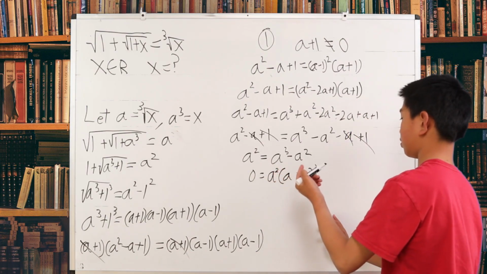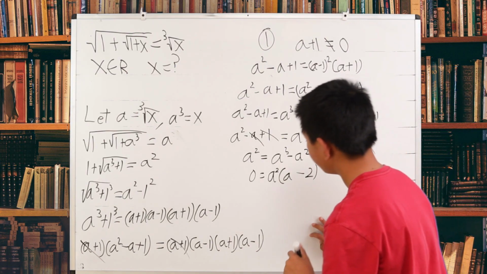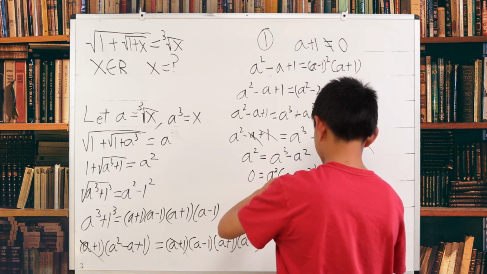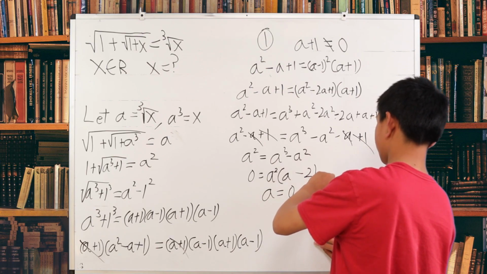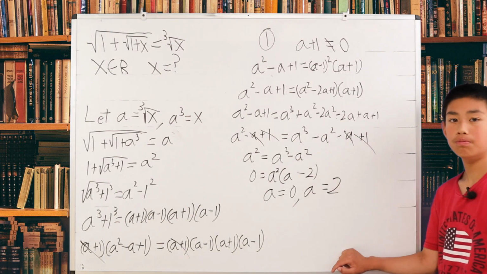Now we have two possibilities, a is equal to 0 and a is equal to 2, when a plus 1 is not equal to 0.